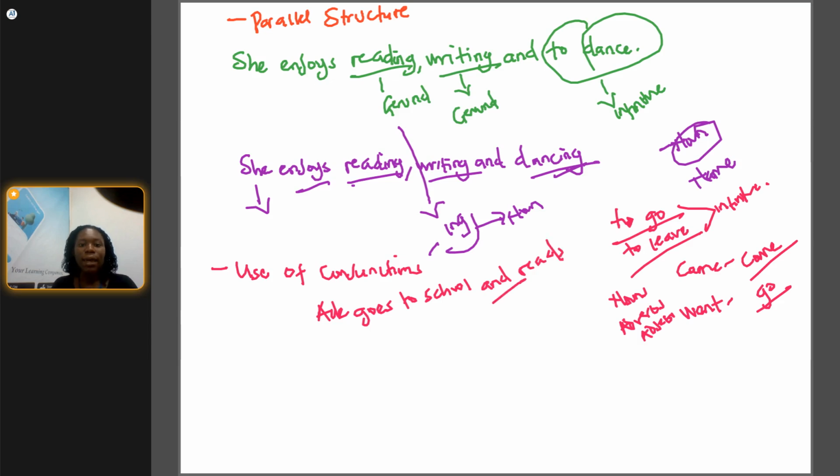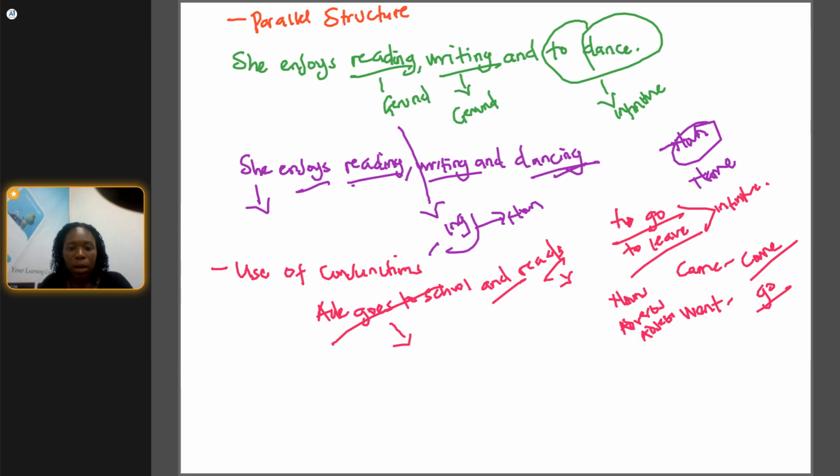The and here is helping us to link this simple sentence and this word together. So we have and here as the conjunction linking the ideas, helping us to have a clear idea of what is being said.